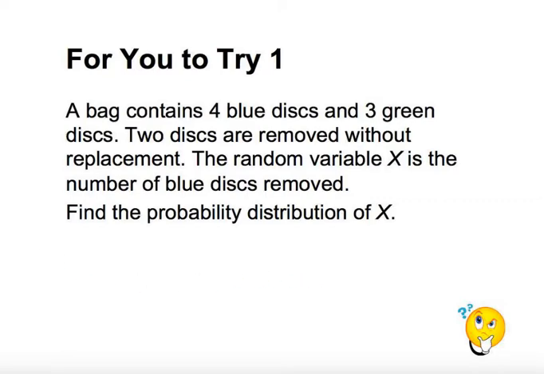Okay, so let's have a look at the answer to this. Let's just note down a couple of things. We had 4 blue discs and 3 green discs. We want to count the number of blue discs removed when we take out 2 discs.